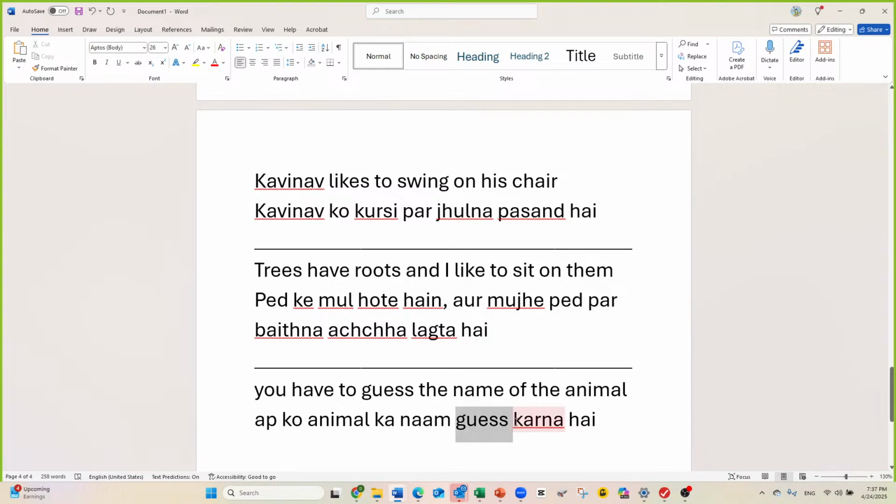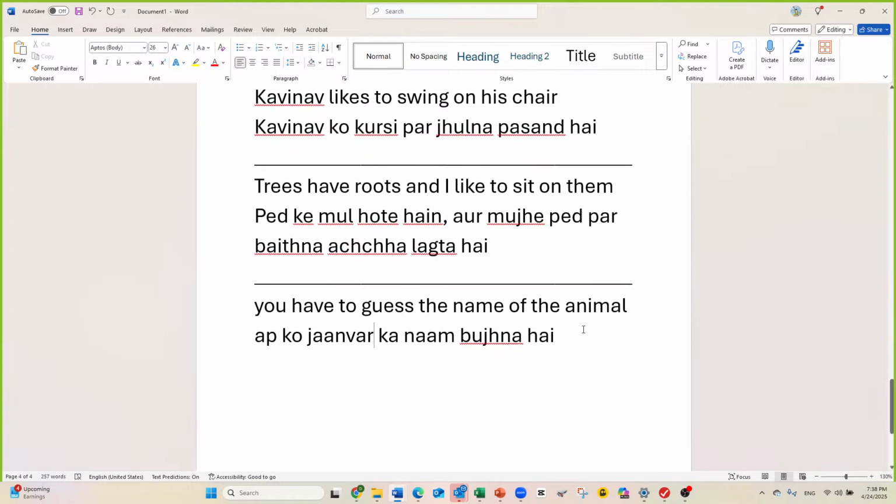When we're using the English verb, we have to add karna after that. But when you're using Hindi, we can take karna off and instead say बूझना. Now, Hindi word for animal is जानवर. So say आपको जानवर का नाम बूझना है.